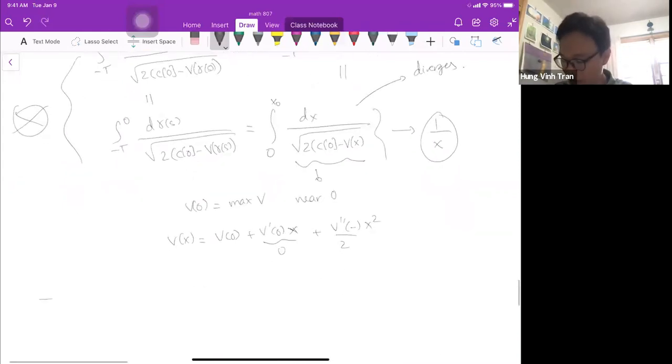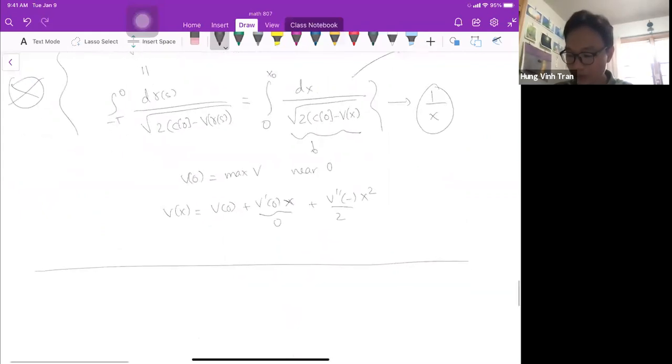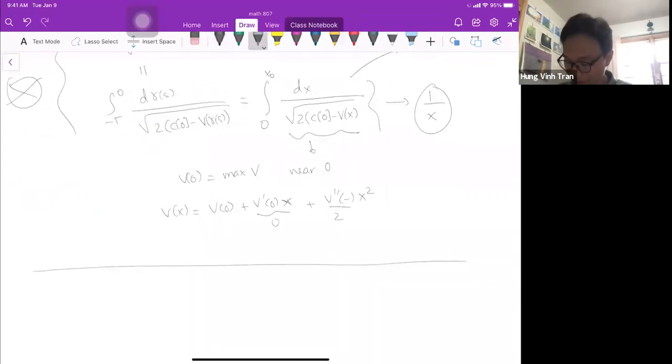So let me just conclude. I'm going overboard a bit today, but let's say that V of x minus V0 is less than or equal to c times x to the power theta for theta less than 2.